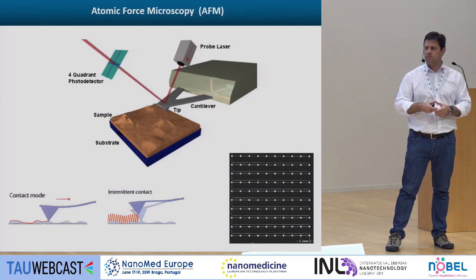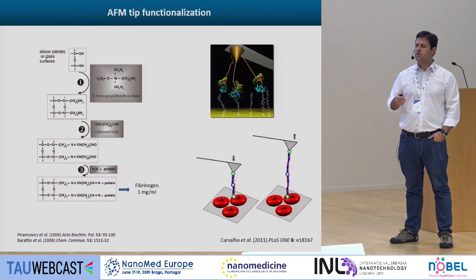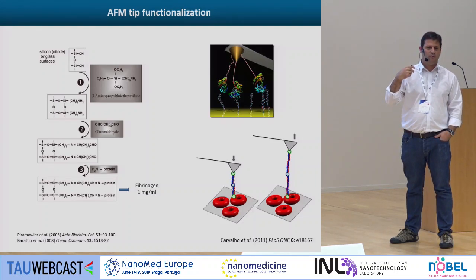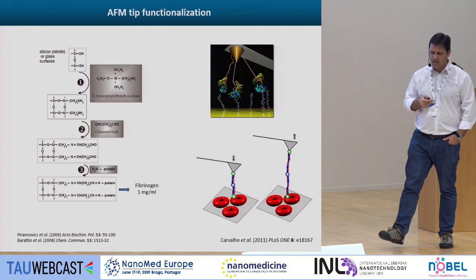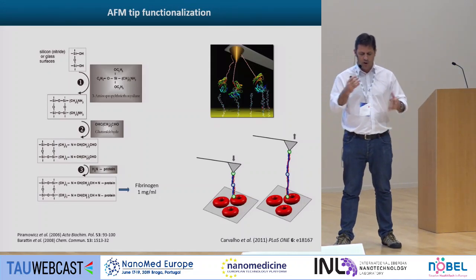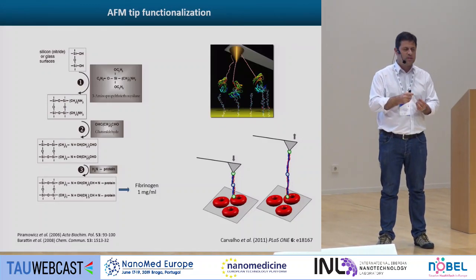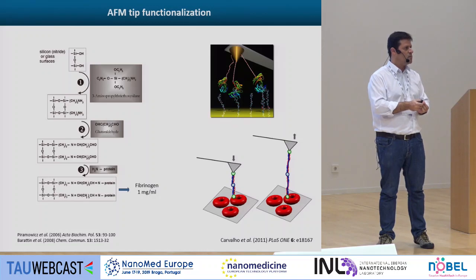Of course, AFM can be used for this, but we can also use AFM, taking advantage of its high sensitivity, not to get high-resolution images from the surface of a sample, but to measure interactions at the single molecule level.